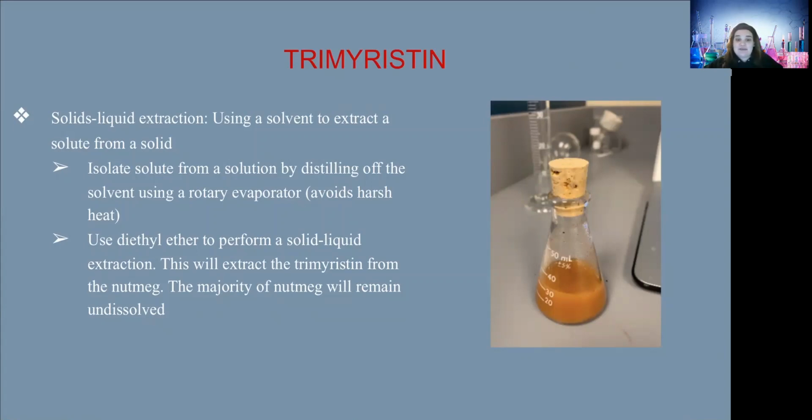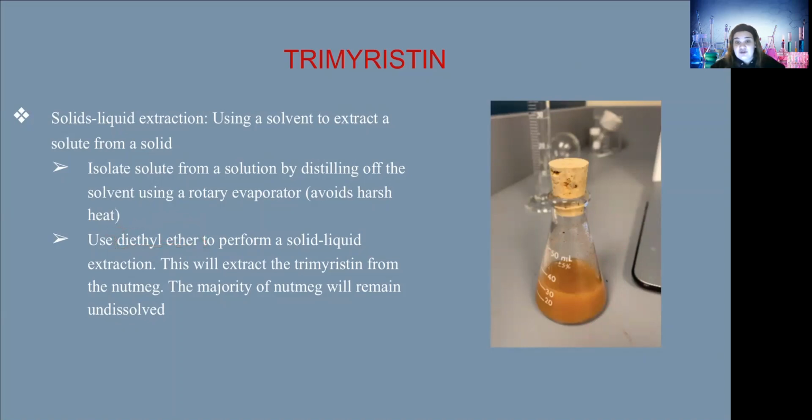And in this lab specifically, in the trimyristin lab, we used diethyl ether. With that diethyl ether, our goal was to extract trimyristin from our nutmeg. So in this lab, we can say that trimyristin is soluble in diethyl ether at room temp.